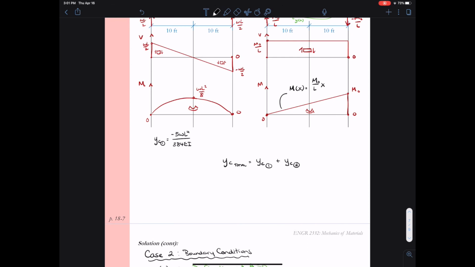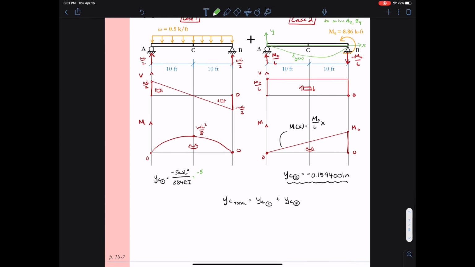So returning back to our problem, we'll go ahead and make a note for what the deflection for case 2 was calculated to be. Now we haven't quite found the deflection for case 1 yet, but we have the general formula, so we just have to plug in our variables and solve for the deflection at C for case 1. So we have -5, omega was 0.5 kips per feet. We need to convert that to inches, so I'll multiply by 1 foot over 12 inches.